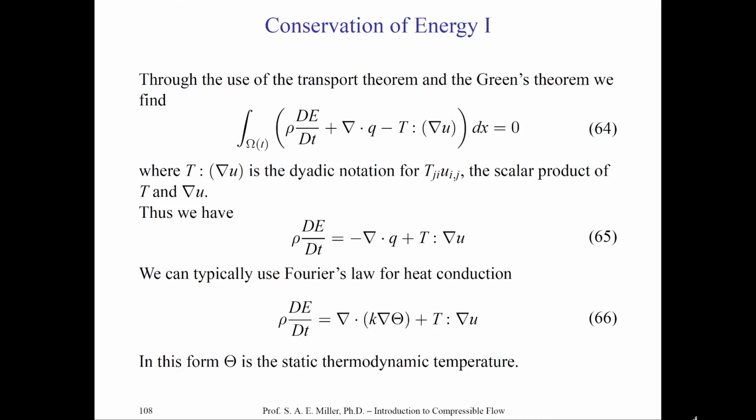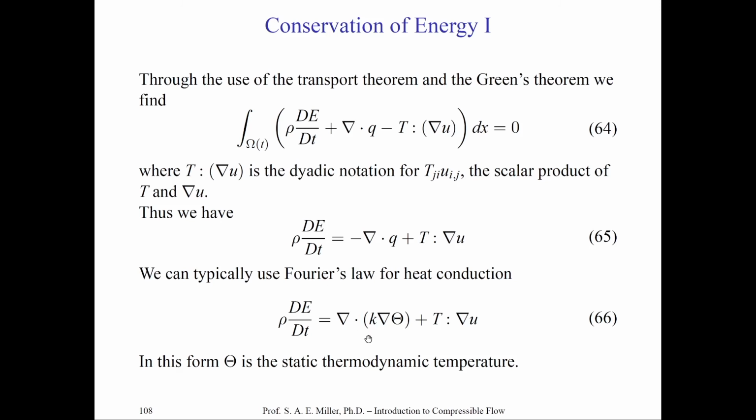We'll go further with this energy equation 65 and make an assumption using Fourier's law, who we'll talk about later in the class as a historical figure. We arrive at 66. Notice the difference between 65 and 66. The left-hand sides are the same. The second term on the right-hand side, the dyadic stress with the gradient of u, remains the same. The heat flux term is approximated with k, which is the heat conduction coefficient, right here.